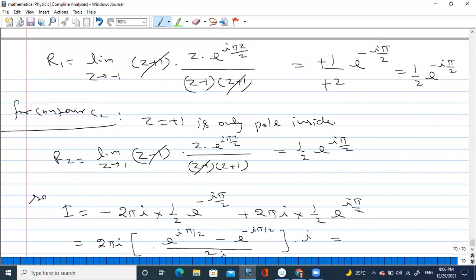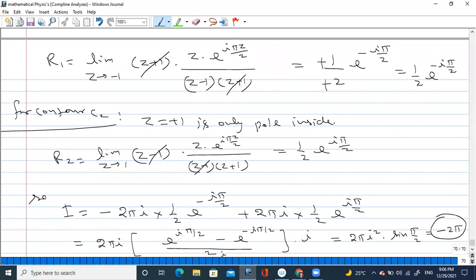So the answer will be now this 2 pi i into i, that will become 2 pi i square into sine pi by 2. And the value of sine pi by 2 is 1. The value of i square is minus 1. So the answer will be minus 2 pi.